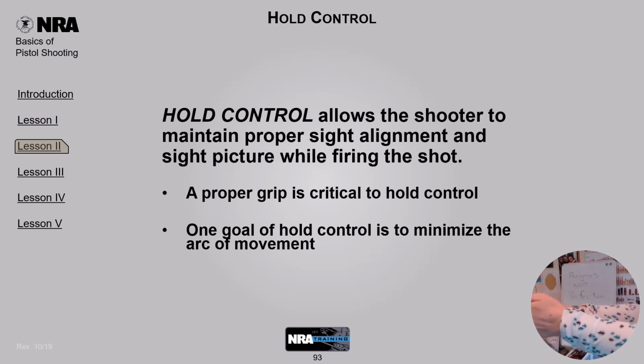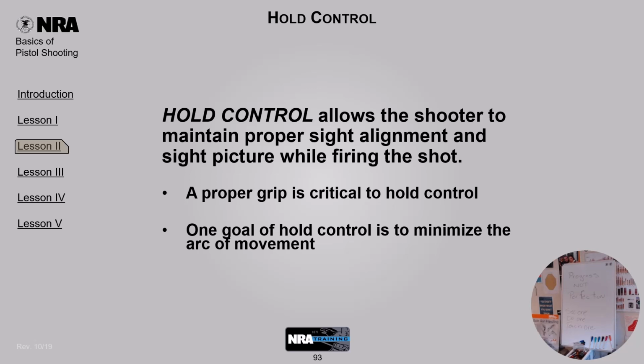If you are out here fully extended, you come back just a tiny bit so that you have a little bend in your elbows, and now you push your palms together, you will engage your chest muscles instead. So I'm going to have to do a bigger video on that for you guys to be able to show that. So where you hold the gun out from your body is part of hold control.